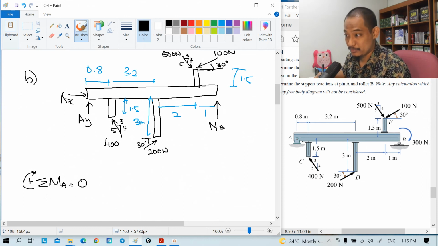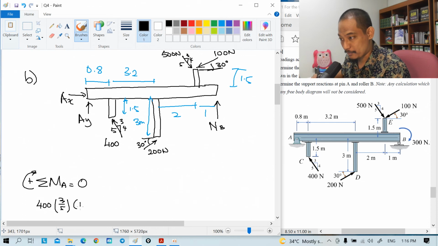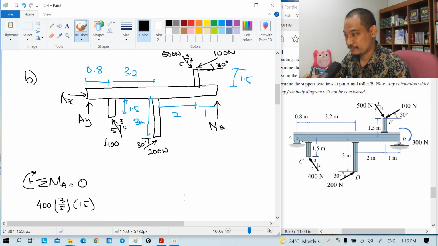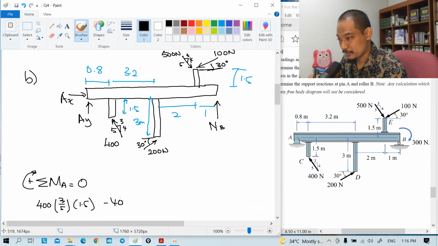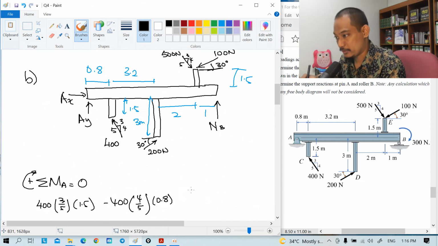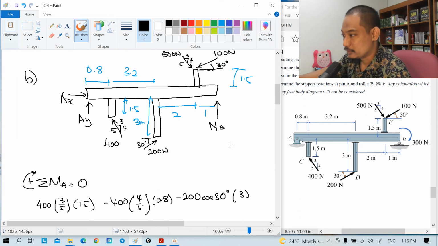So if we redo it, we have 400 times 3 over 5 times 1.5, minus 400 times 4 over 5 times 0.8, and minus 200 cos 30 degrees times 3.